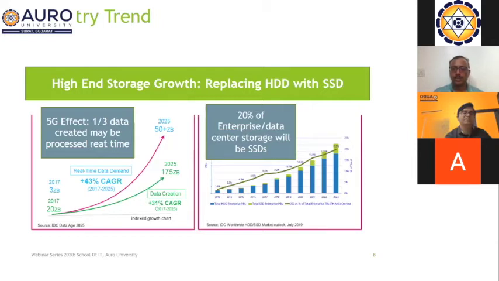The cost of acquisition, the cost per gigabyte, is around 8 to 10 times higher for a solid state drive than for a hard disk.